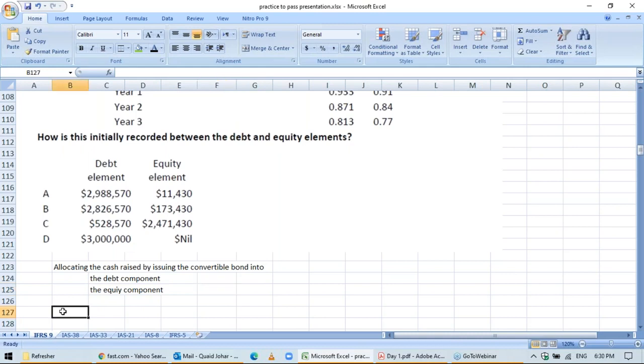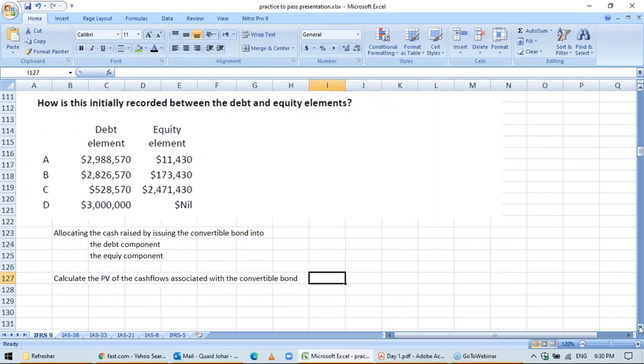In order to know this, first we have to calculate the present value of the cash flows associated with the convertible bond. Now, in case of a convertible bond, the bond may get converted into shares, but when calculating the debt and equity components, we will ignore that factor.